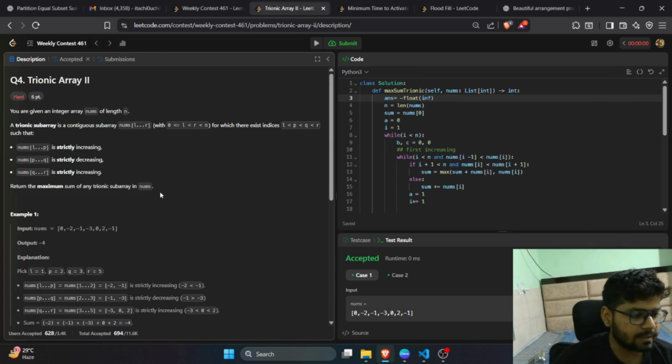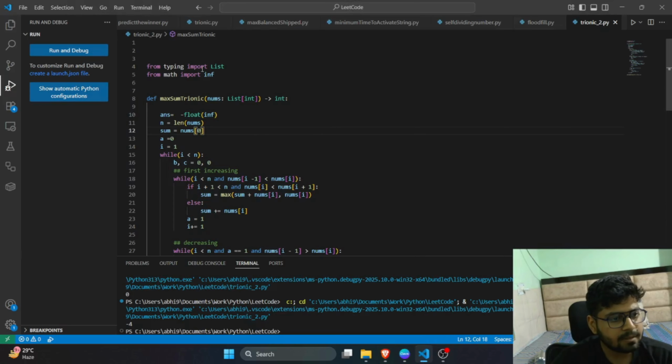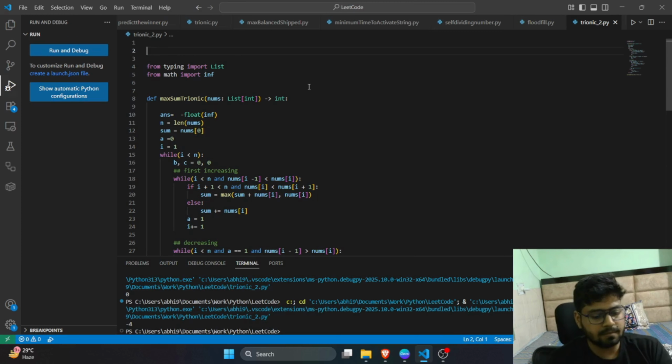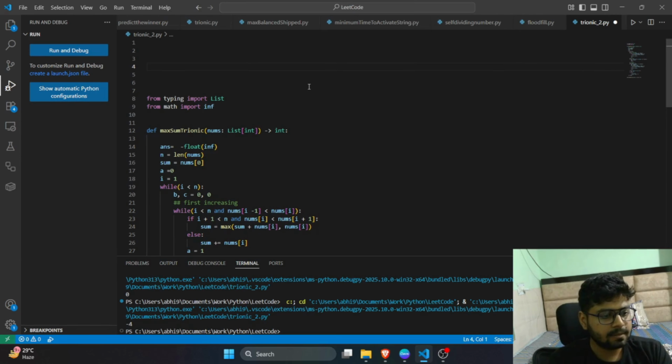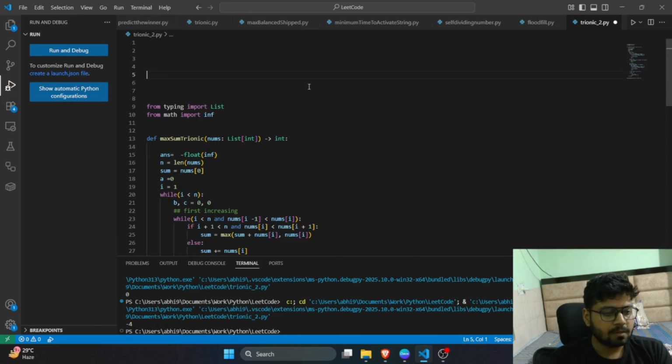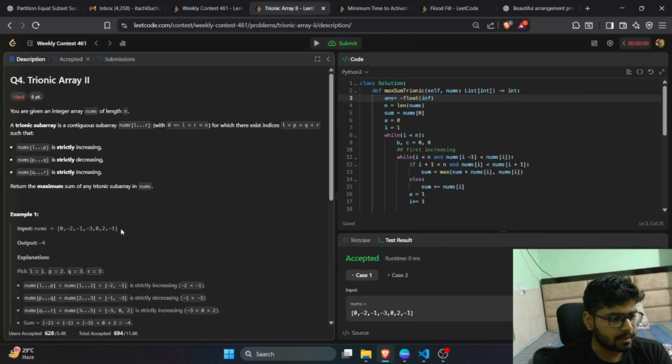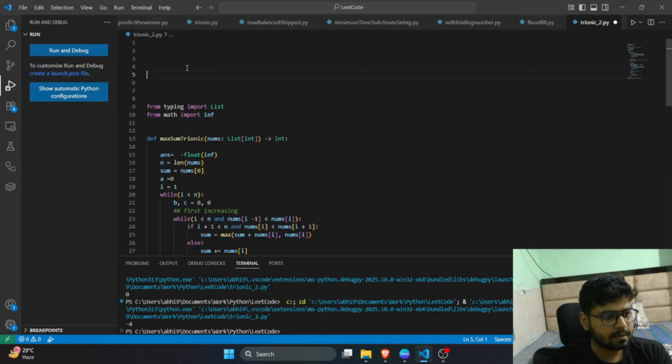So let me explain the solution itself. Let's take an example here, something like this, and try to explain what it says.